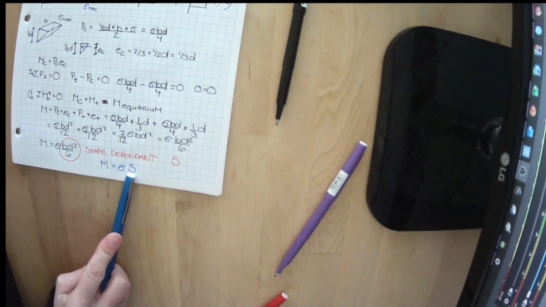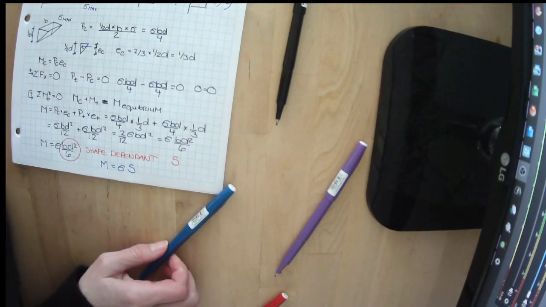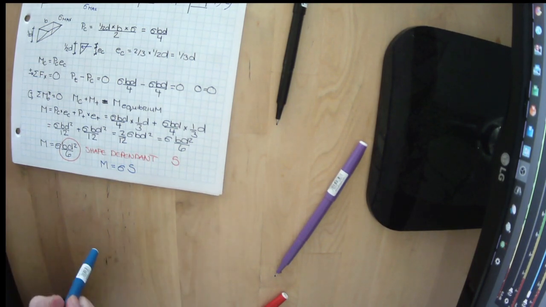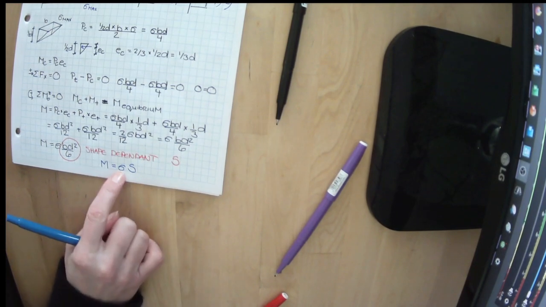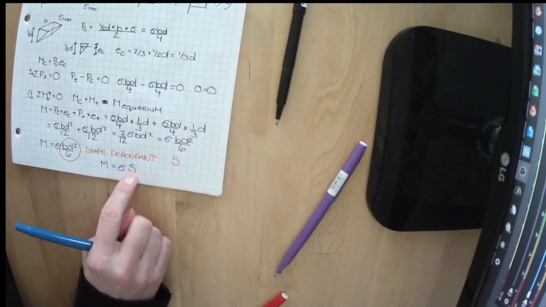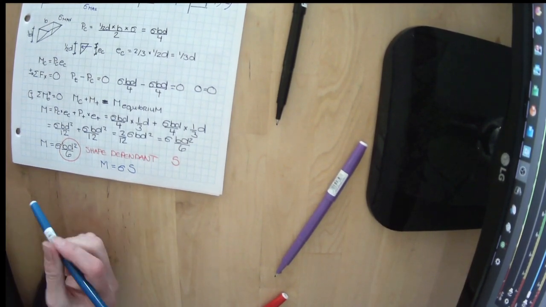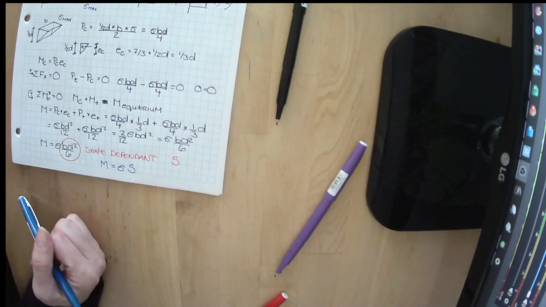This is about the shape. So it doesn't seem like we have much there yet, but for elastic bending, if we know what the maximum stress an object can see is, and we know what the shape of the object is, we can determine what the maximum moment an object can see is.